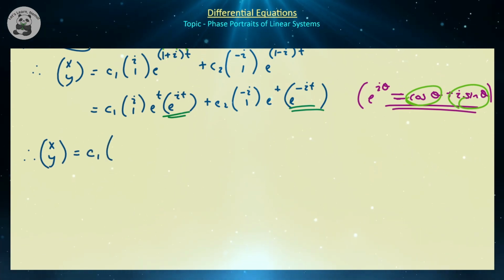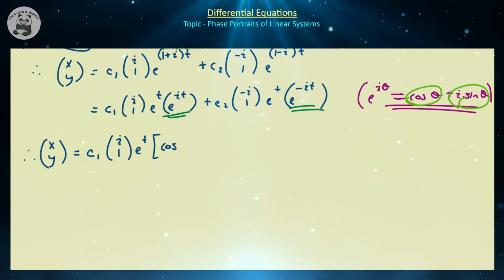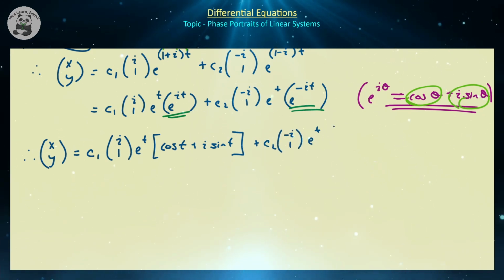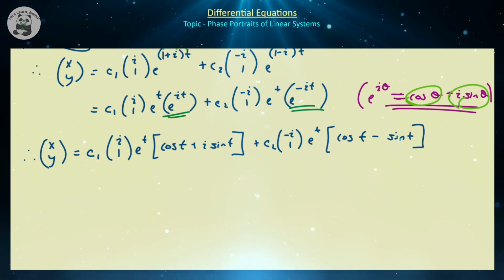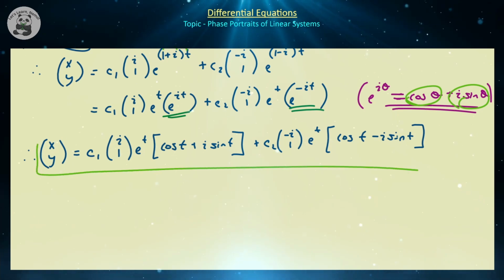So we write this as C1 (i, 1) e^t times (cos t plus i sin t), and then plus C2 (-i, 1) e^t times (cos t minus i sin t). Now, let's see if we can analyze the solutions for this.